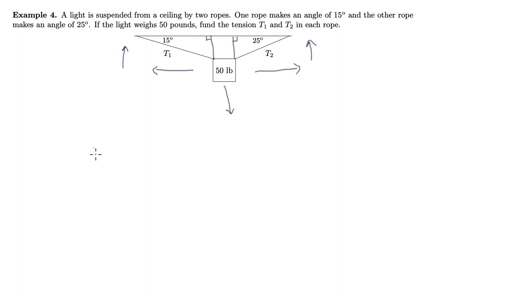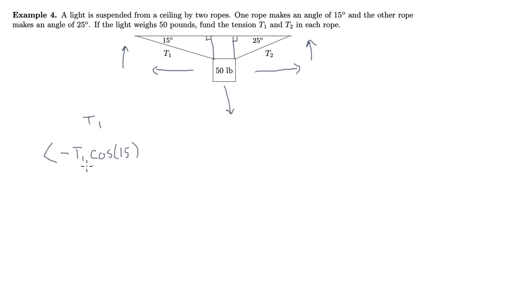And so if we add up T1, T2, and then the weight of the light, we should get 0. So we can represent that as, okay, so if we start with T1, the horizontal component of T1 is going to be negative, because it's pushing to the left, T1, whatever T1 is, and then cosine of 15.